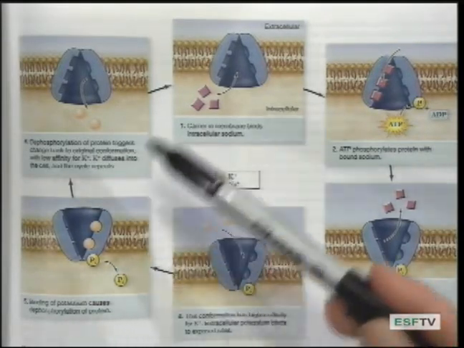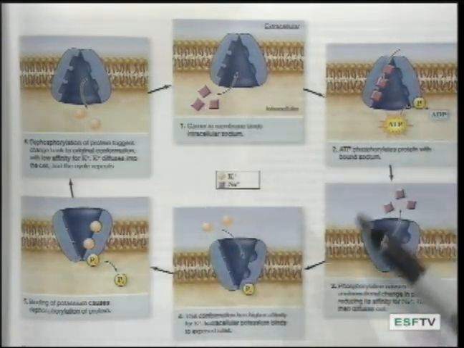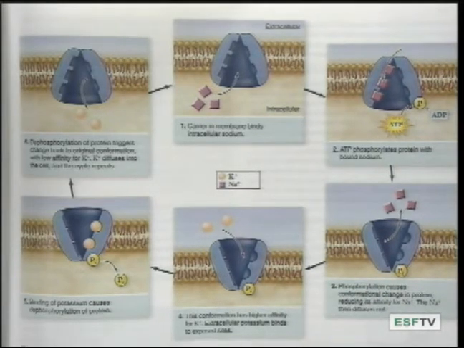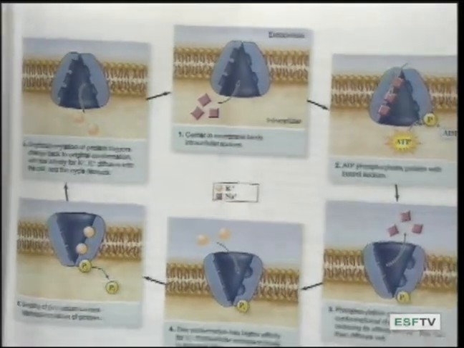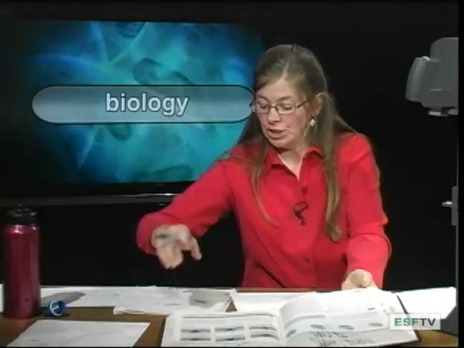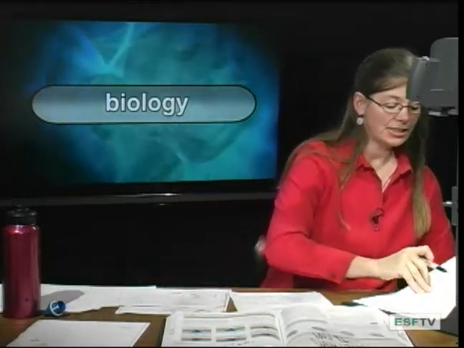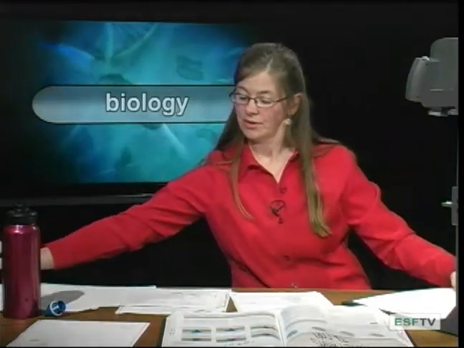And so this pump is running all the time, maintaining that negative 70 millivolts, that resting membrane potential. Okay? So from there, let's talk about the different potentials that actually lead to nerve impulses.